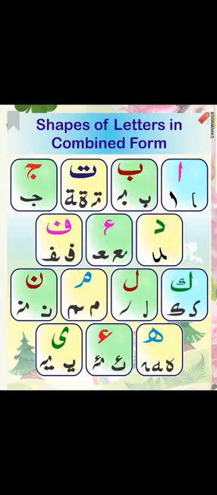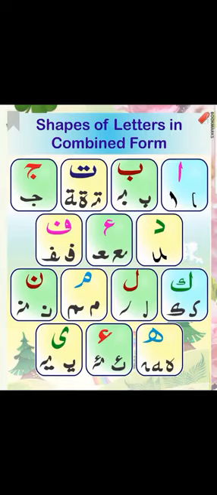Look at Jim. When it is written in between the alphabets in a word, the head of Jim is joined with the other Arabic alphabet, and the lower rounded, bowl-shaped part is left. In the second row, starting from the right side, in the first box there is dal.